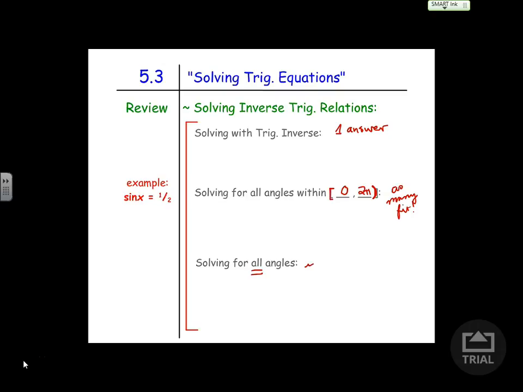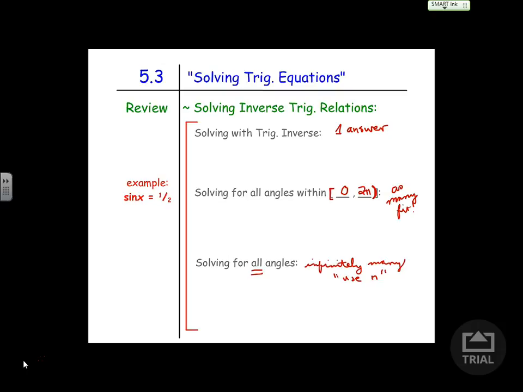You're going to be solving for infinitely many. But you're going to use a formula with n. You could be doing plus 2 pi n, you could be doing plus pi n, but you're going to use n to signify, like we did with coterminal angles, the infinitely many solutions.